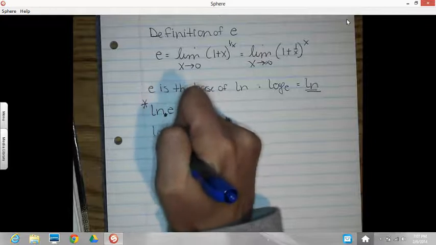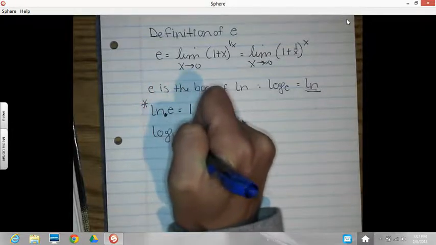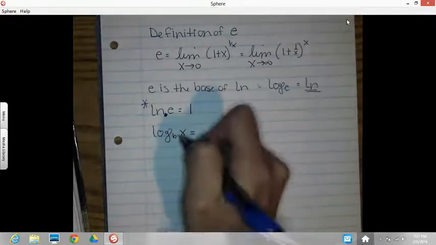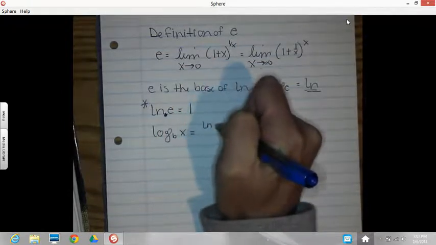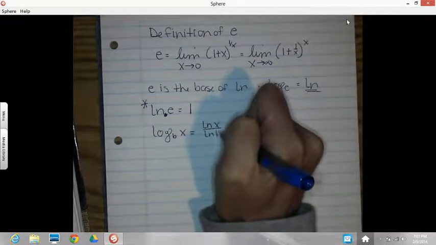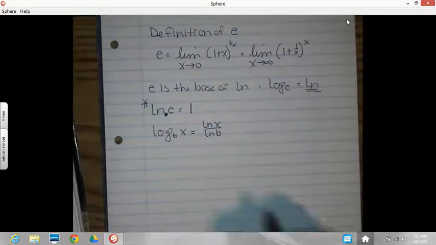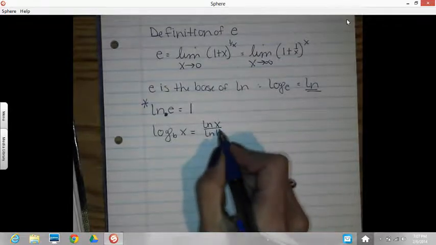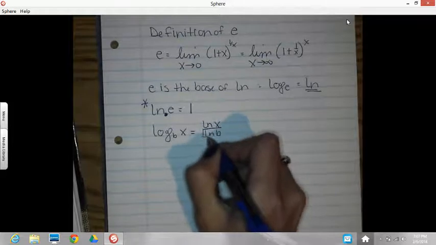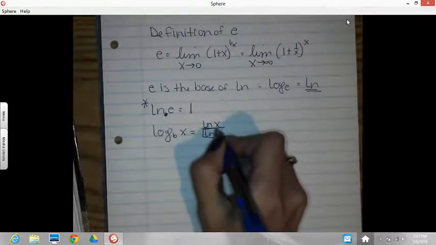So if we have something like log base B of something, we are going to switch that to the natural log of x over the natural log of b. Now, in order to work with this in terms of derivative, remember, natural log of b is going to be a number. It's a constant right here. This right here, that's a division, is a constant.